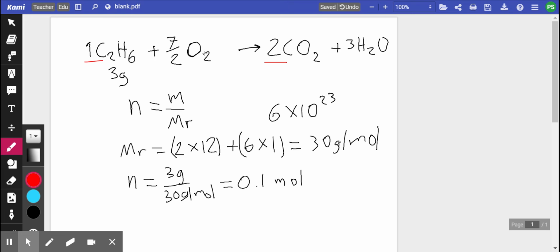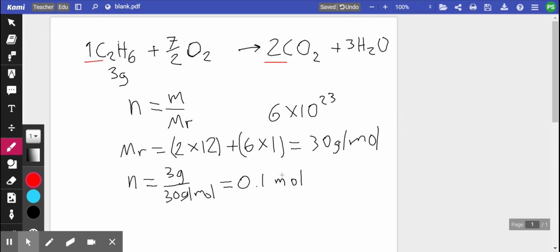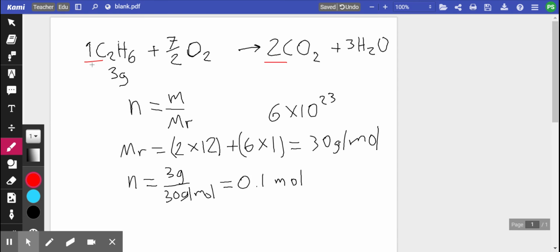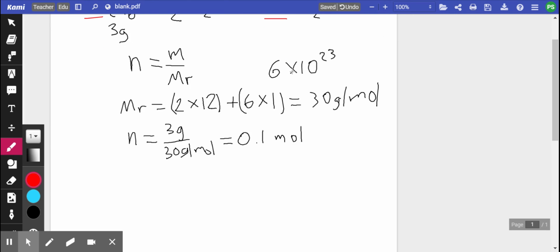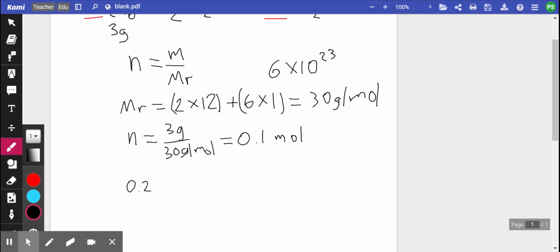So hypothetically, if we had 1 mole of ethane, we should make 2 moles of carbon dioxide. We know from our calculation that we only have 0.1 moles of ethane. So therefore, we should make 0.2 moles of carbon dioxide because of this 1 to 2 ratio.